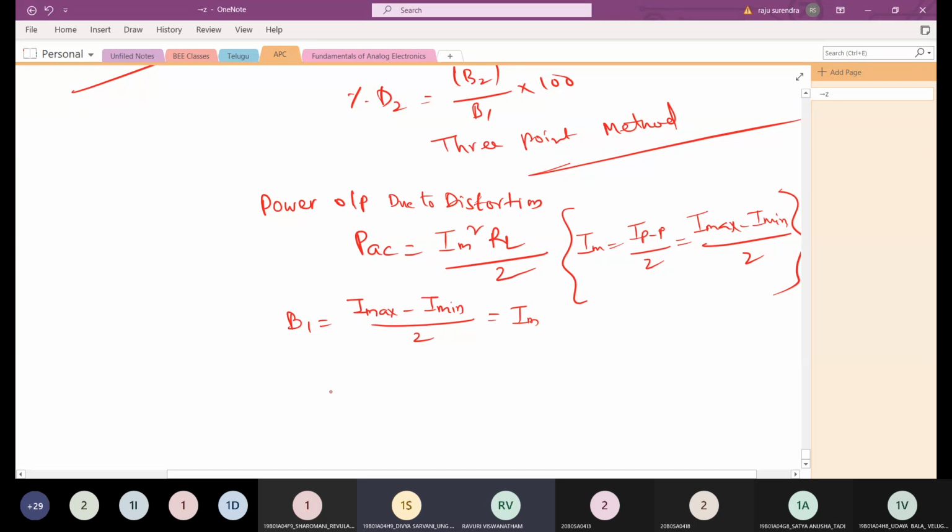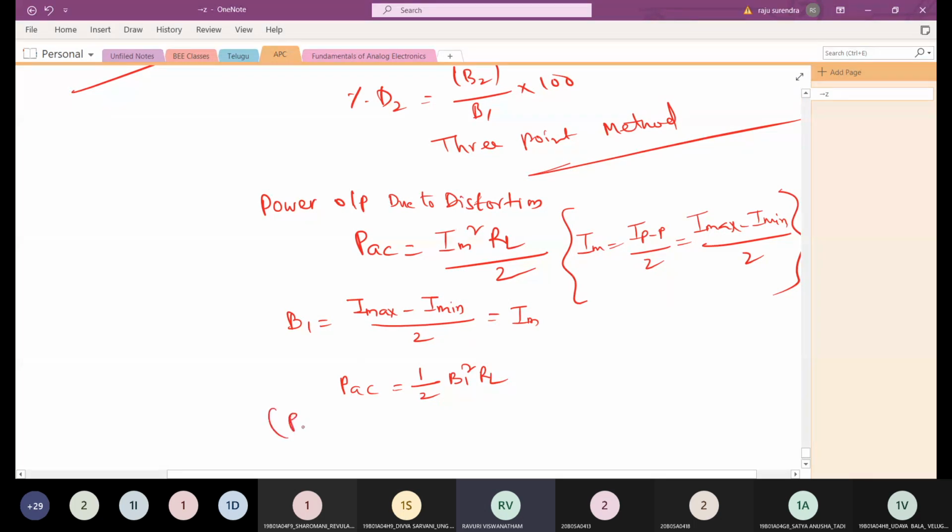All of you agree? Now PAC is equal to 1 by 2 B1 square RL.